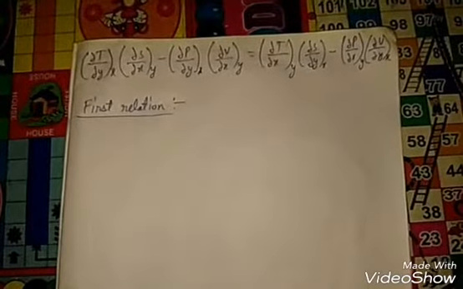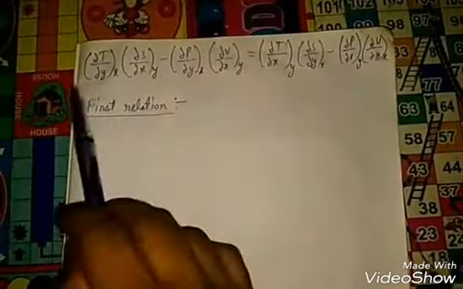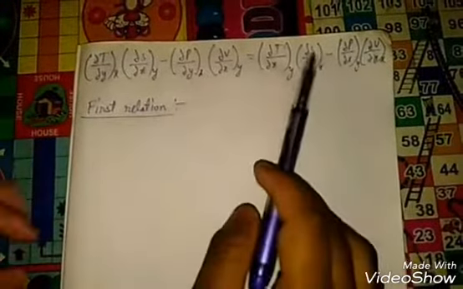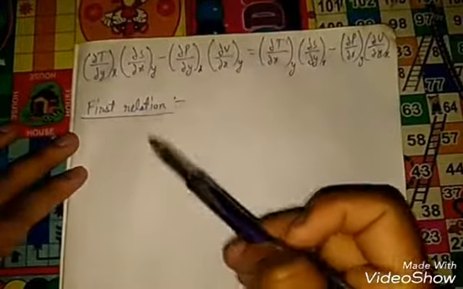Now for our convenience we wrote Maxwell's general equation here. From this equation we will find out Maxwell's 6 relations.